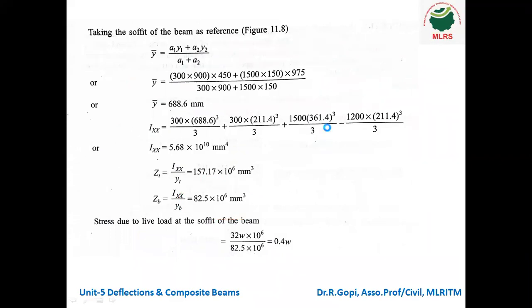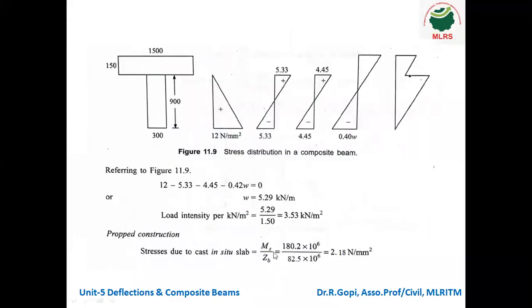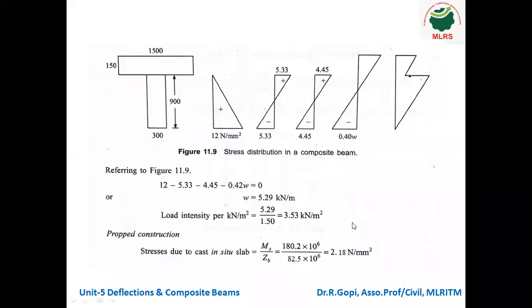Therefore the bending moment due to cast in situ slab, 180.2 into 10 power 6 divided by 82.5 into 10 power 6, gives 2.18 Newton per mm square.